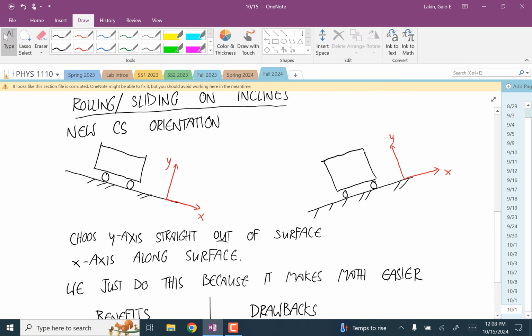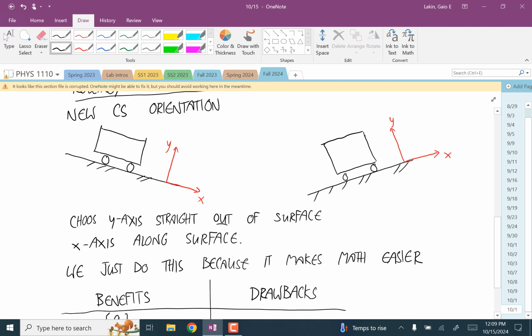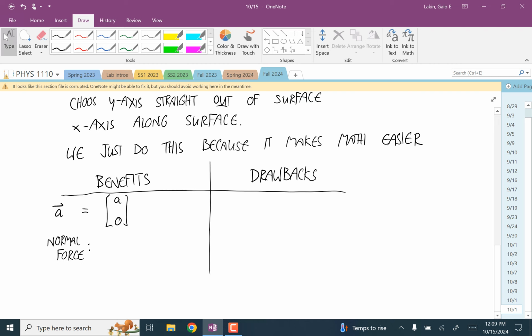Second, remember that the normal force, the pushing force from the ground, is toward the chosen body, perpendicular to the surface. Well, again, since the ground is at an angle, we'd have to use cosine and sine to figure out what the components of that force are. But with this rotated coordinate system, this is just going to be 0, positive n.